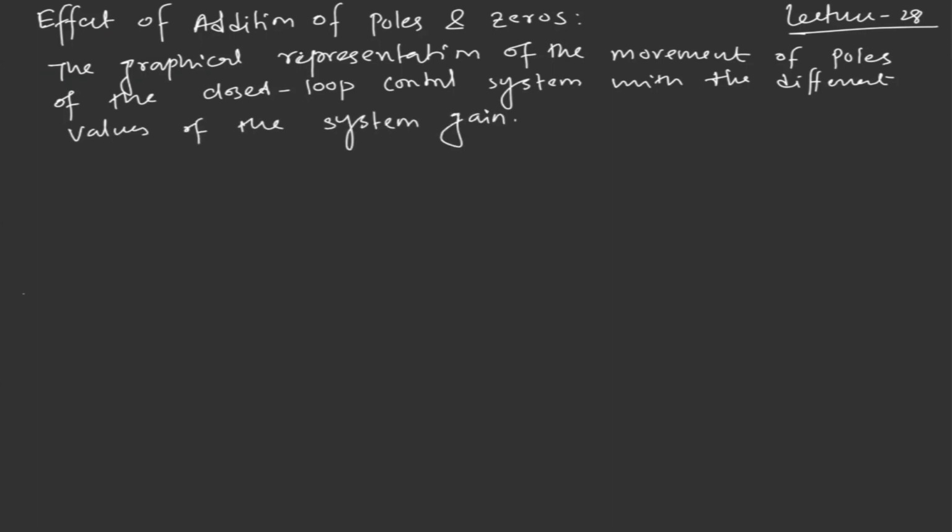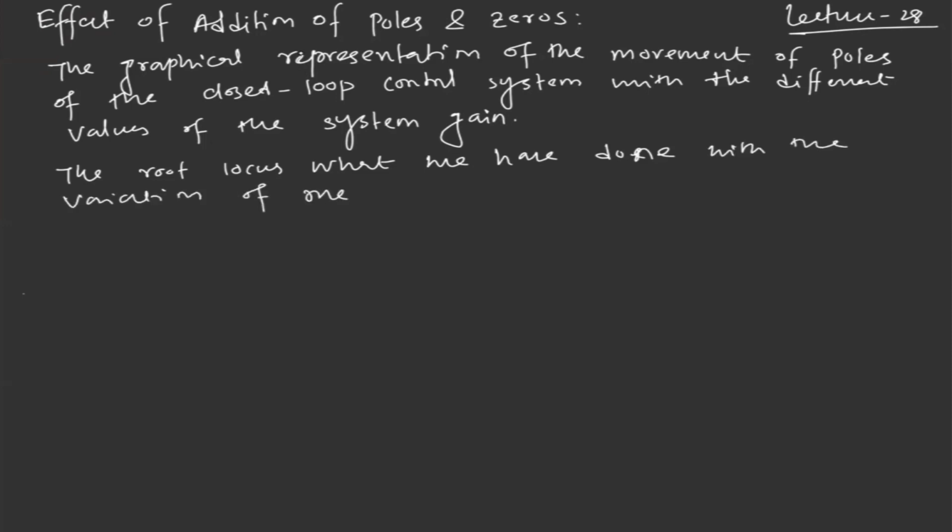If you notice what we have done before, we have done this practice with the variation of a single parameter, which is basically K. We change the K and see how the locus has been drawn.